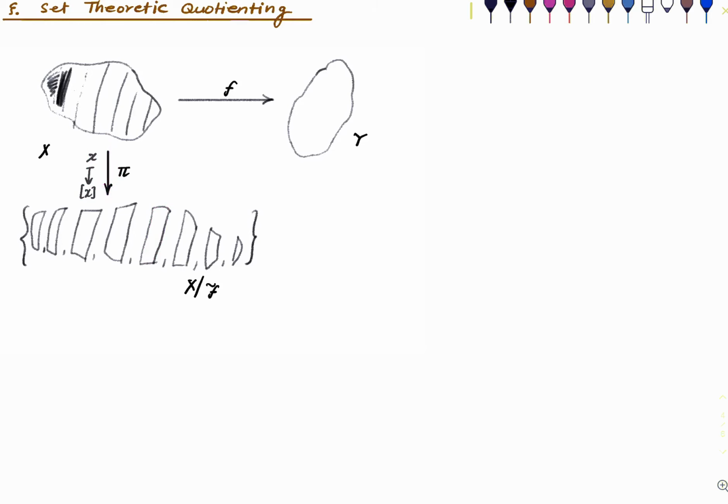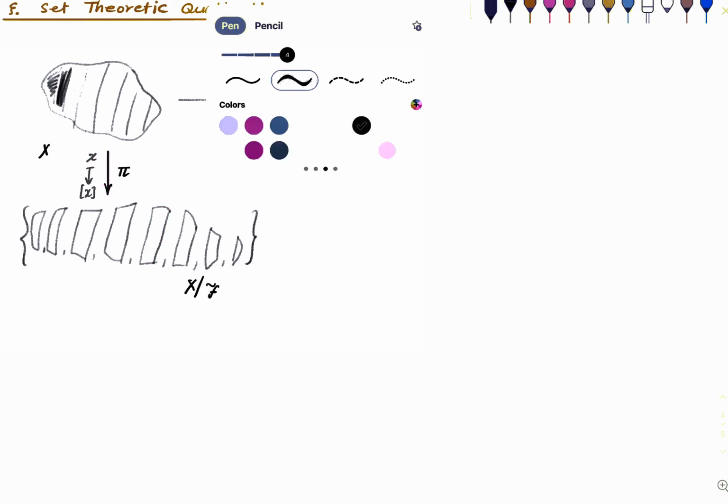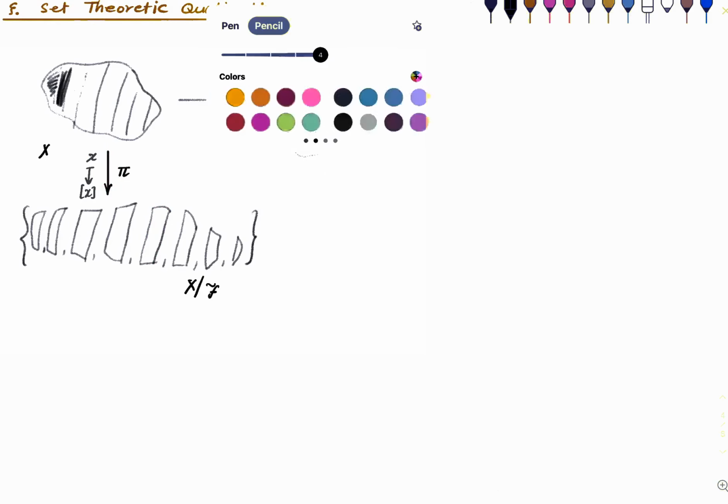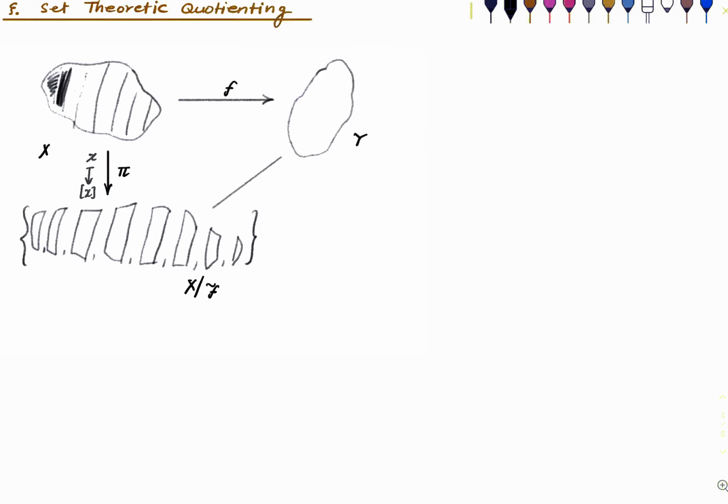And the point of all this is that there is a unique map here, which we will denote by f bar. So there is a unique map f bar from the set of all the non-empty fibers to Y such that this diagram commutes. What does that mean?